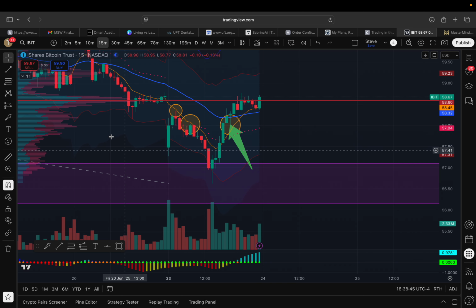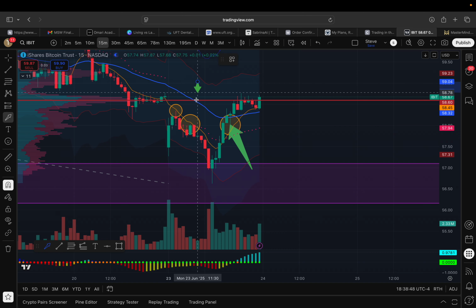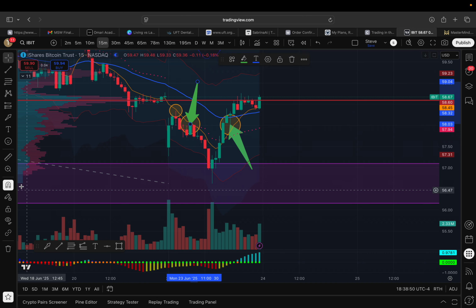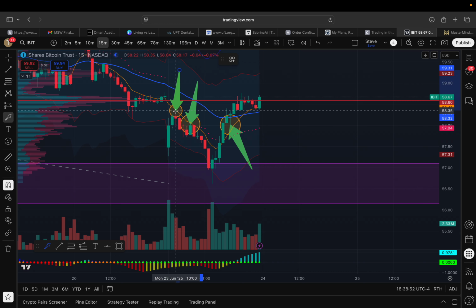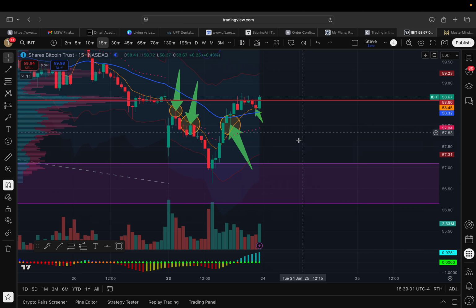There it is. Cool. Higher high, higher high. This is a higher low, and that's a higher low. So we got what we needed: higher high, higher high, higher low, higher low.